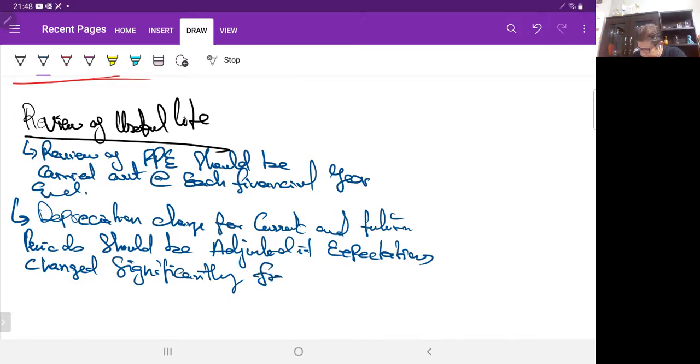Changes in accounting estimates are accounted for prospectively as adjustments to future depreciation.